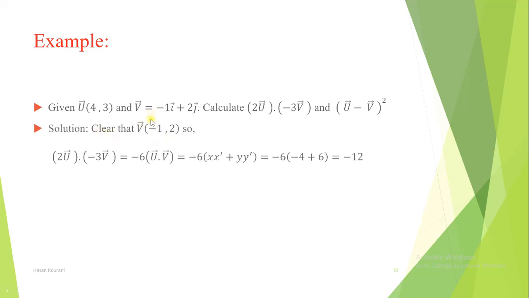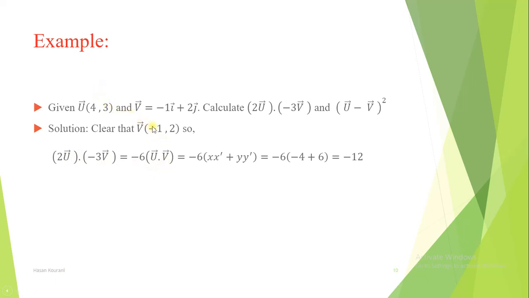Solution: clear that v is (minus 1, 2), these are the coordinates of v. From this form we can deduce them. So 2u dot minus 3v will be, as we said before, we multiply first the numbers, 2 multiplied by minus 3, which is minus 6, then u dot v, where u and v are of known coordinates.